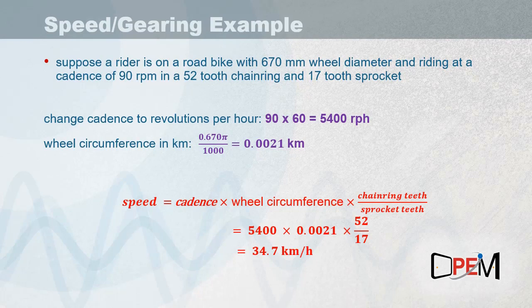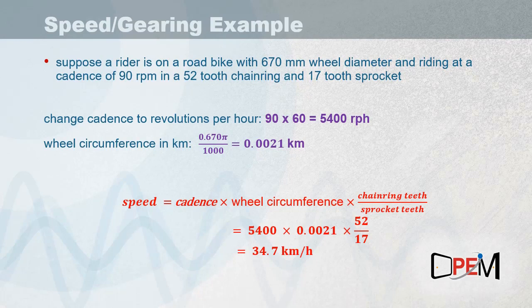So first, let's change the cadence to revolutions per hour. So that's 90 times 60, or 5,400 revolutions per hour. Then let's change the wheel circumference to put it in kilometers. So the relationship between the circumference of the wheel and its diameter is that the circumference is just pi times the diameter.